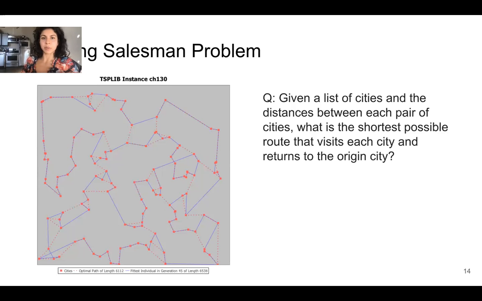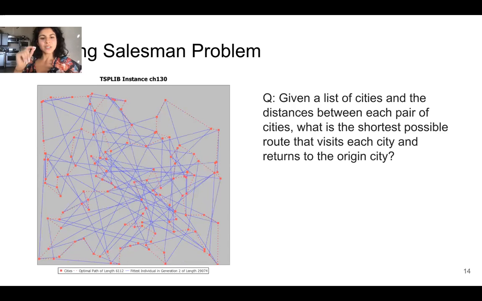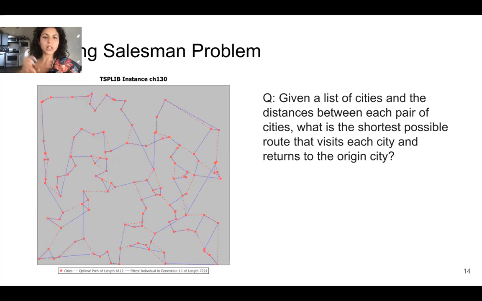That's what the traveling salesman problem is. It's basically, let's find the fastest or shortest route between all these cities. So we hit each one, never visiting the same one twice, but we end up back where we started.